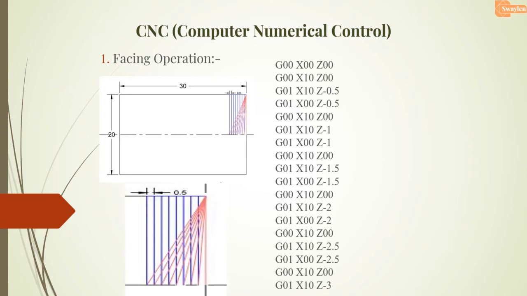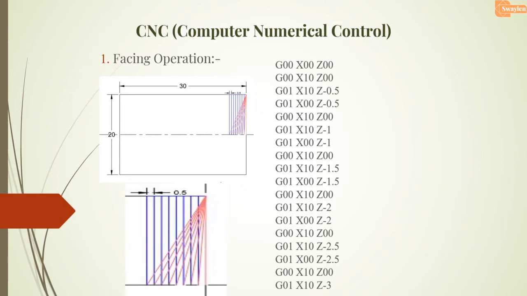So X10 is here and Z minus 0.5 is here. Now the other is G01, X0, Z minus 0.5 here. Now G00, X10, Z0 means here.